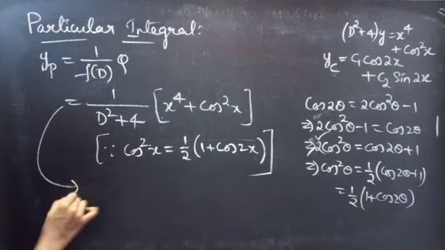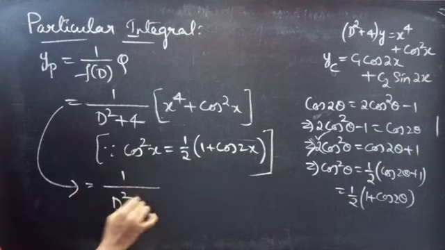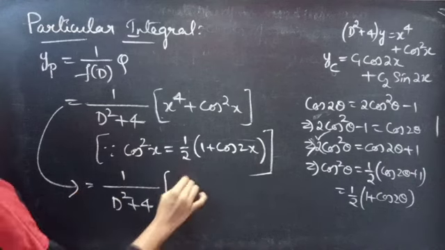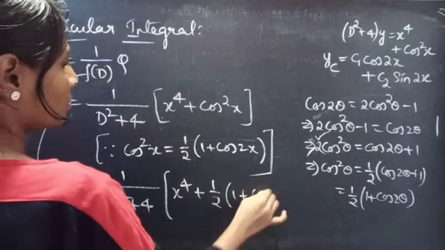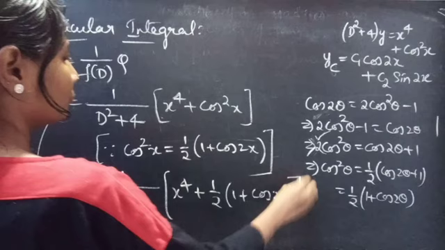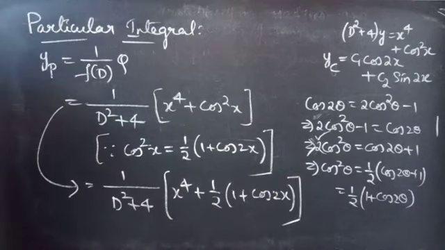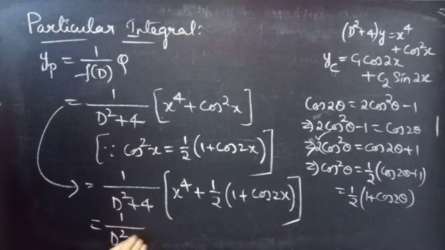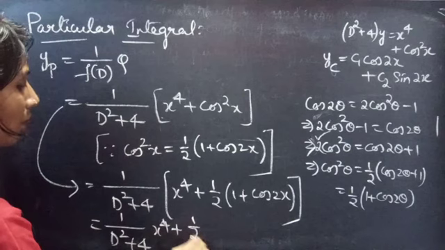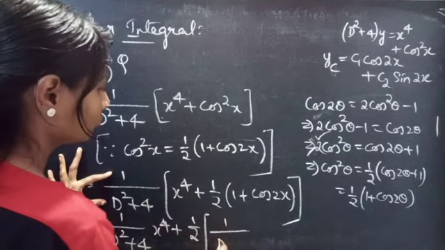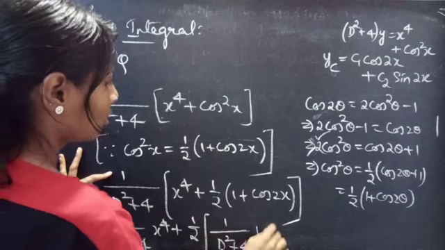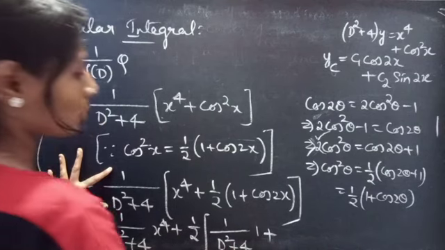This becomes 1 by d square plus 4 into x power 4 plus 1 by 2 into 1 plus cos 2x, which equals 1 by f of d into x power 4 plus 1 by 2 into 1 by f of d into 1 plus 1 by f of d into cos 2x.